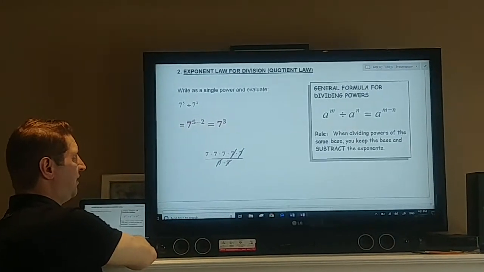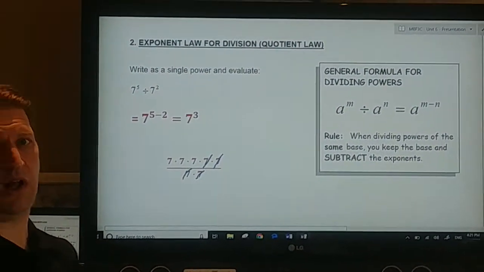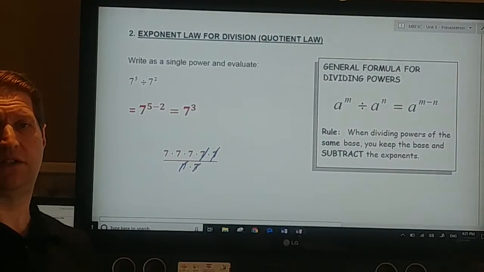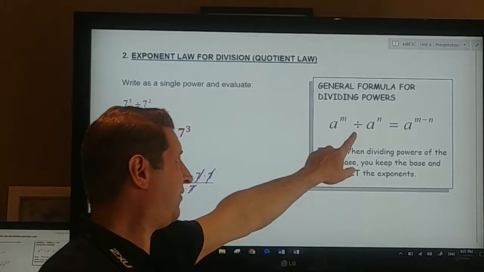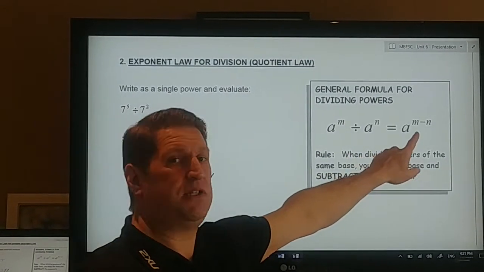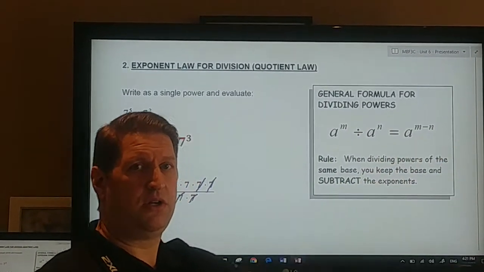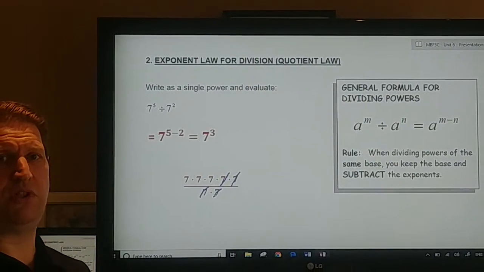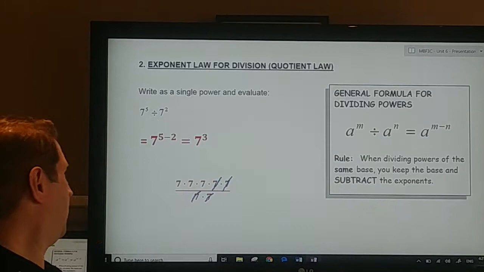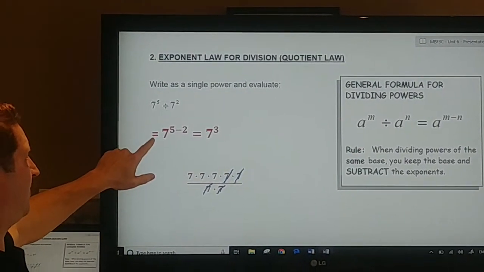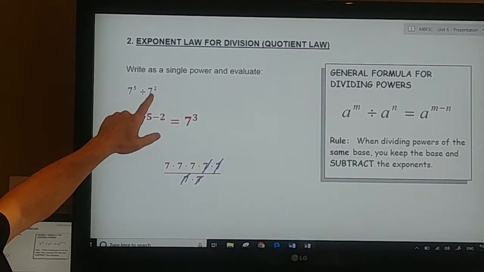The second exponent law is called the quotient law. And again, same starting principle, same base. But this time, rather than divide the numbers, simply subtract the powers. So your teachers may have shown you this as division becomes subtraction. In the first case, we have 7 to the 5 divided by 7 to the 2.